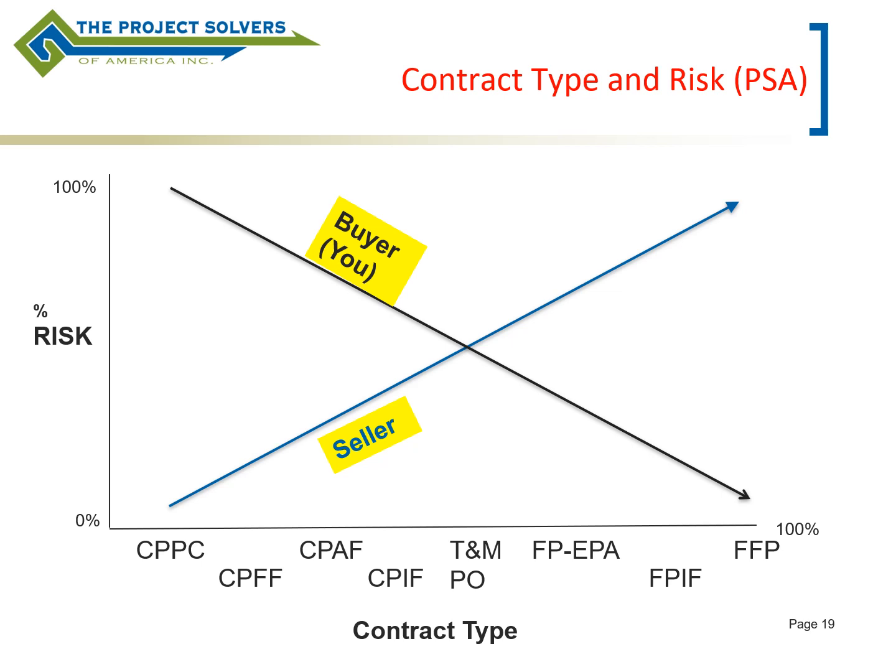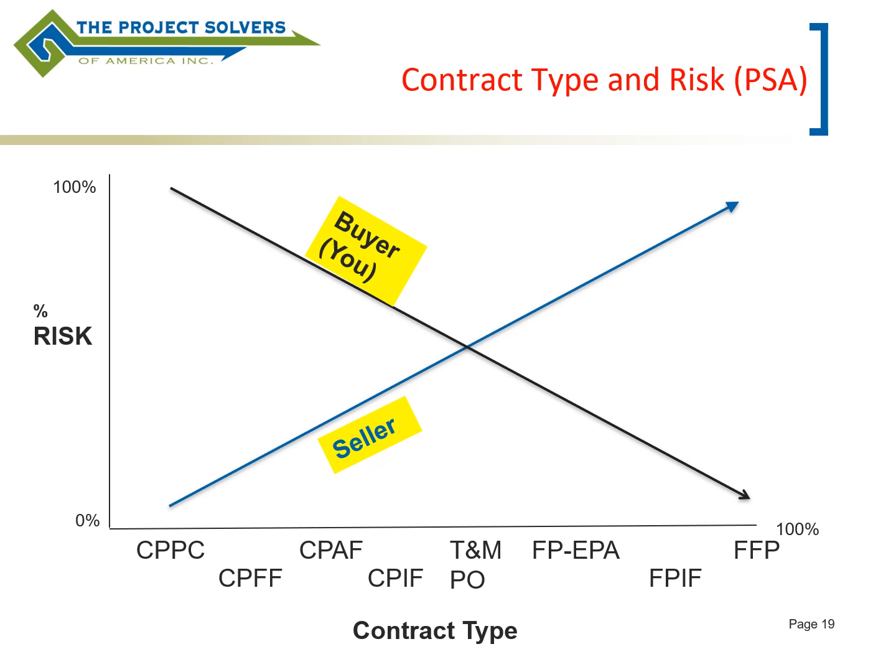So those are the ones, those three, CPPC, T&M, and FFP, as well as PO, that I would really focus on in terms of risk, knowing which is the worst, which is the best from a buyer versus seller perspective, and not worry so much about whether FPIF or FPEPA is slightly more risky than each other. They're going to be a little less risky for the seller.